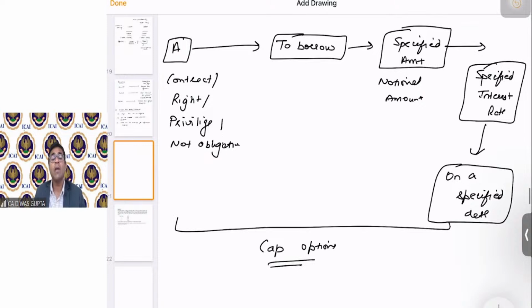Here it is called a cap option because ultimately we are capping the interest cost, because we are getting a right to borrow at a specified interest rate. Now, if tomorrow the interest rate moves higher than the rate specified here, then we will exercise this option and ultimately we will end up paying whatever has been specified as the interest rate there.